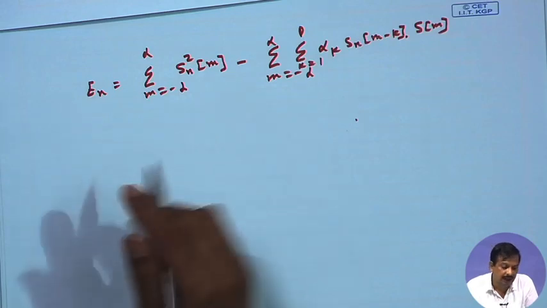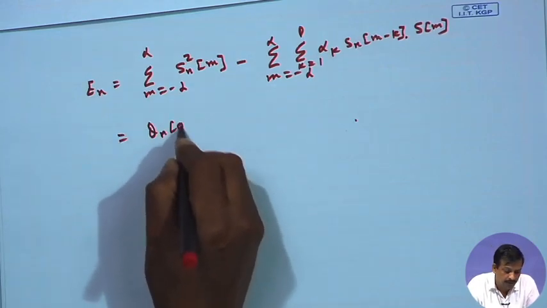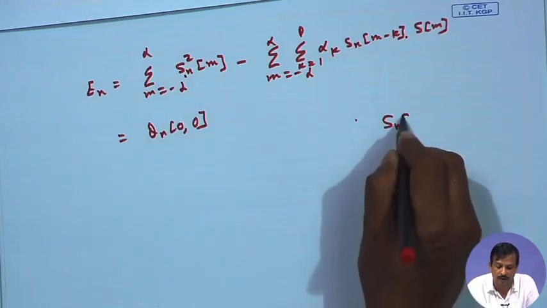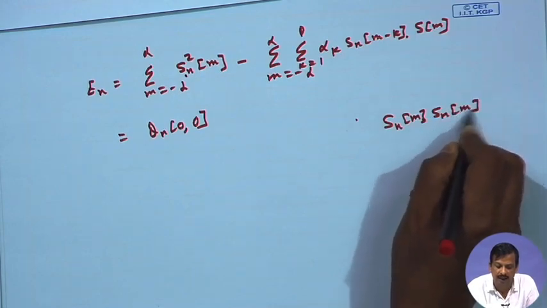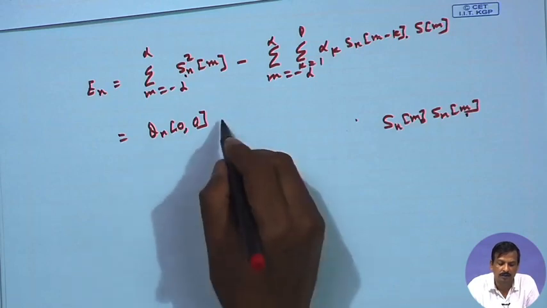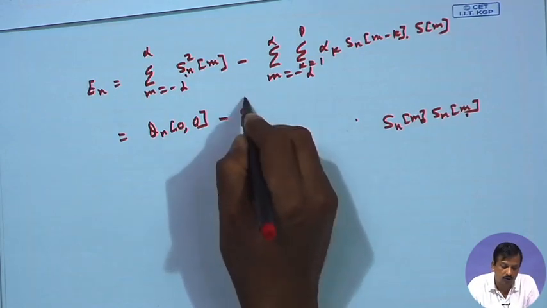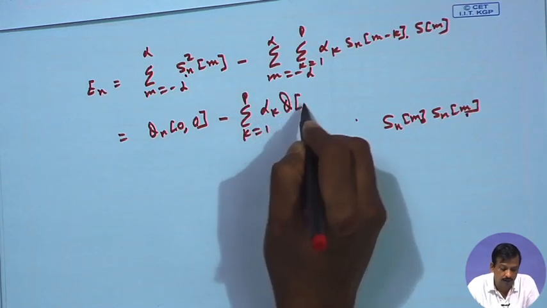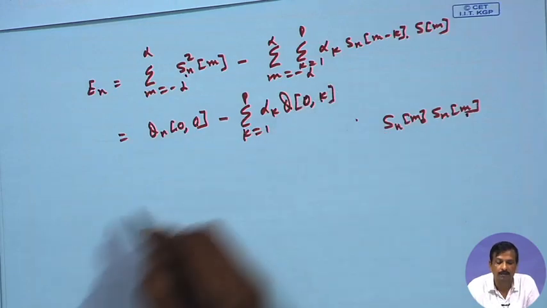If that is so, it is nothing but phi n 0 0, since s n square means s n of m into s n of m, so i and k both are 0, minus the sum over k equal to 1 to p of alpha k phi of 0 k.